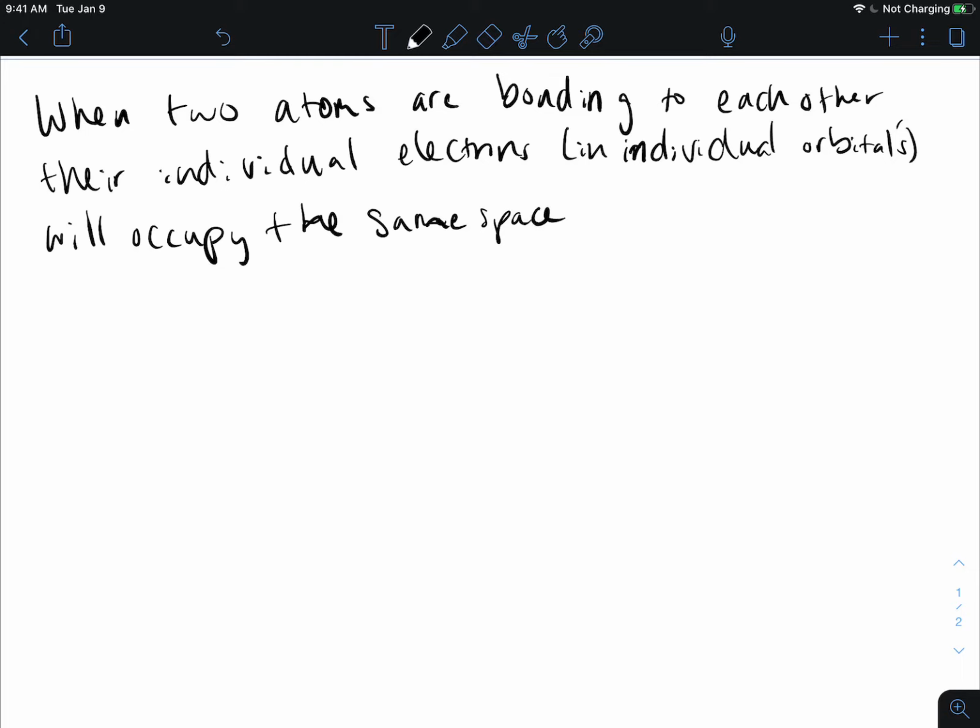So essentially the same energy, right? So this orbital overlap is what gives rise to a covalent bond.